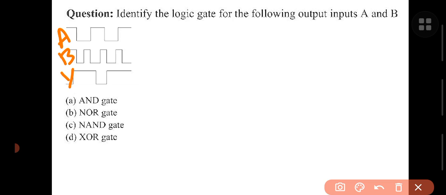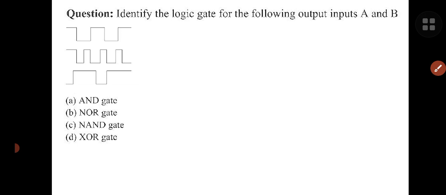Let's see how to solve this problem. It's very easy. Don't panic once you see the question. Read it, understand it, and write the given data. By writing the given data, you can get an idea and proceed.